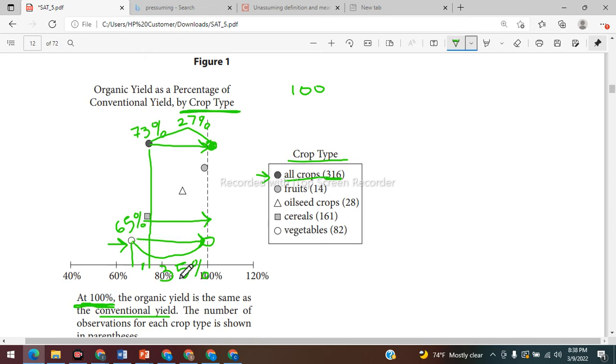Like there's 35% more artificial crops that we got compared to the organic ones. So we can't use organic for vegetables. It wouldn't also be wise to use organic for the cereals because it's still too far away. Okay, it's still too far away from the conventional.